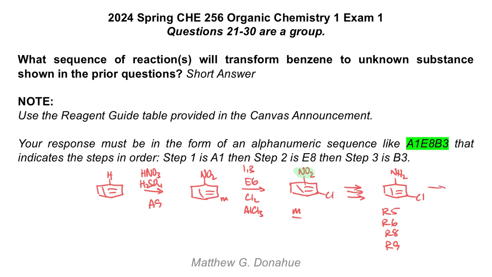Now we need to form the diazonium, and that's reagent O8, so NaNO2, HCl, and we're calling that an oxidation, so that's why it starts with the O. That gets you the N2+ Cl-, that's your diazonium. Then from there, we need to install the oxygen, and this is where many of the responses were incorrect.